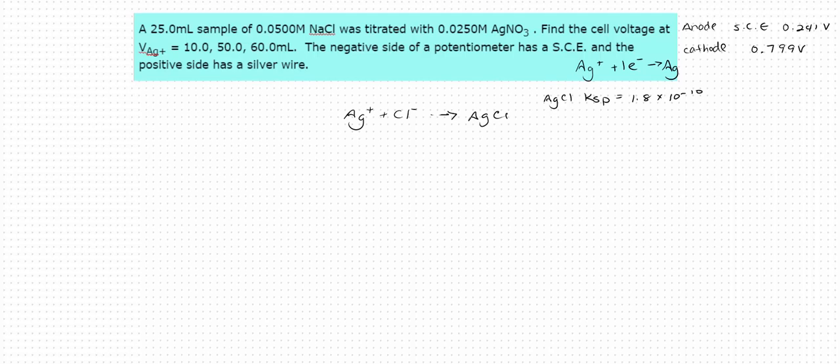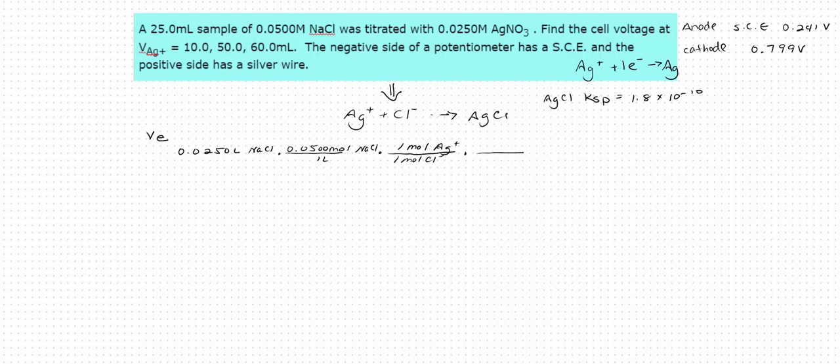Now, we need to find the equivalence volume. So we're told we have a 25 milliliter sample of sodium chloride. And that sodium chloride solution has a concentration of 0.0500 moles per liter. Now, from our balanced chemical equation, which is our titration equation, we know that 1 mole of chloride will react with 1 mole of silver.